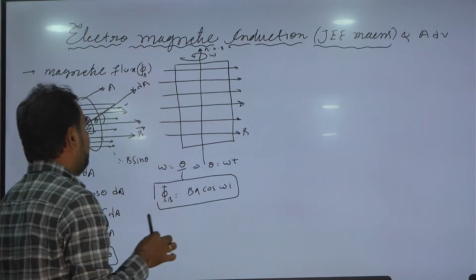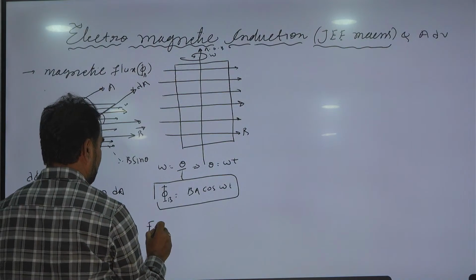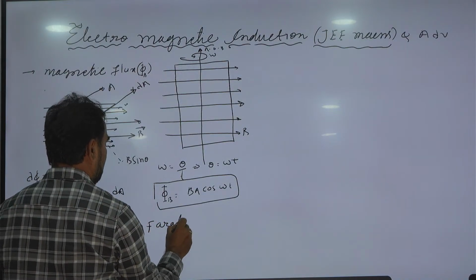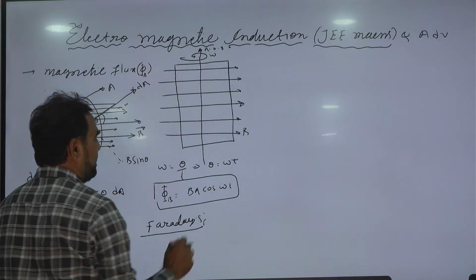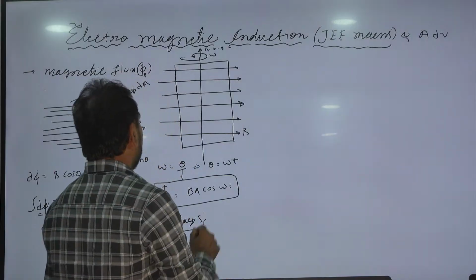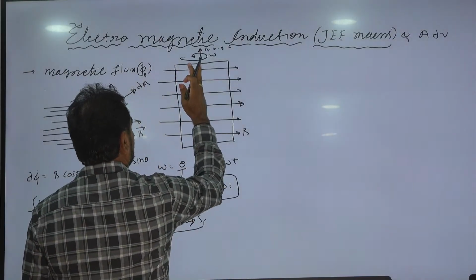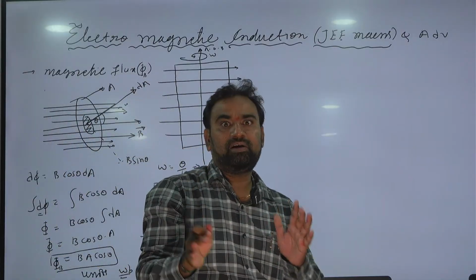It was explained by Faraday, so it is called Faraday's law. So what is Faraday's law? Suppose when the coil is rotating in a magnetic field, the magnetic flux associated with the coil changes.